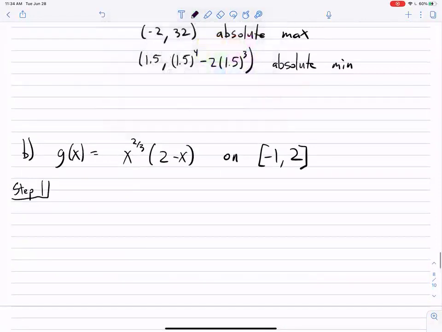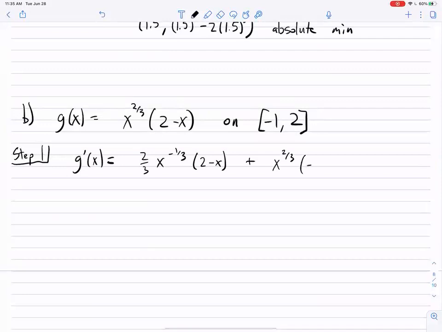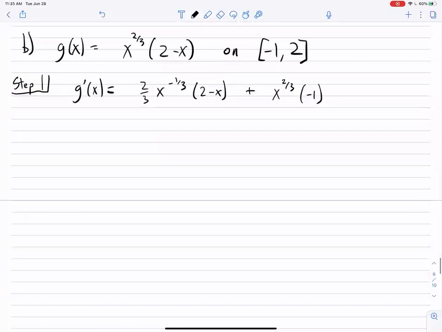So again, step 1, set the derivative equal to 0. So we have to find the derivative. This is going to be a product rule. The derivative of x to the 2/3 is 2/3 x to the -1/3, times 2 minus x, plus, leave that guy alone, times the derivative of this guy, which is just -1.